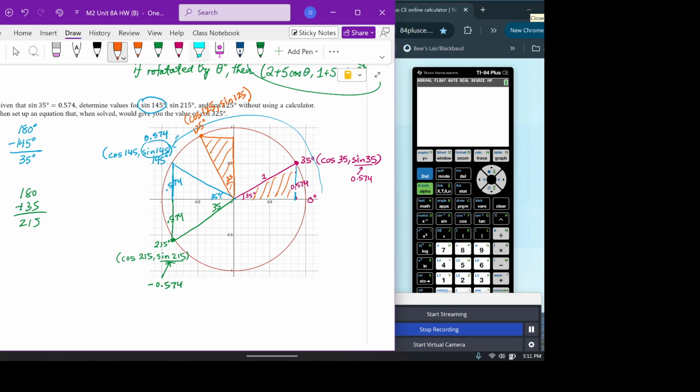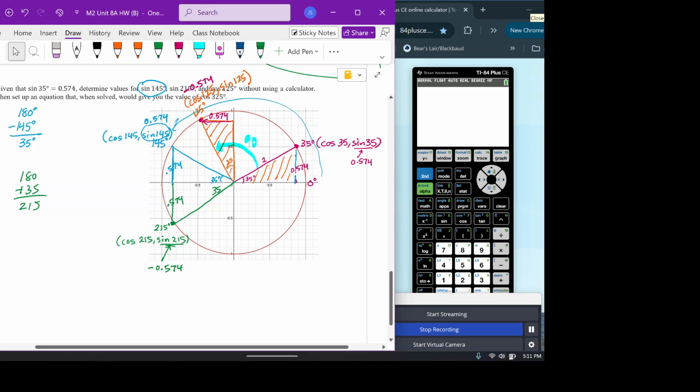So this 0.574 ends up rotating up to here, and this is 0.574. That's associated with my x value, because it's going to the left of the y-axis. So my x coordinate right here is negative 0.574, which is what cosine 125 would then have to be.